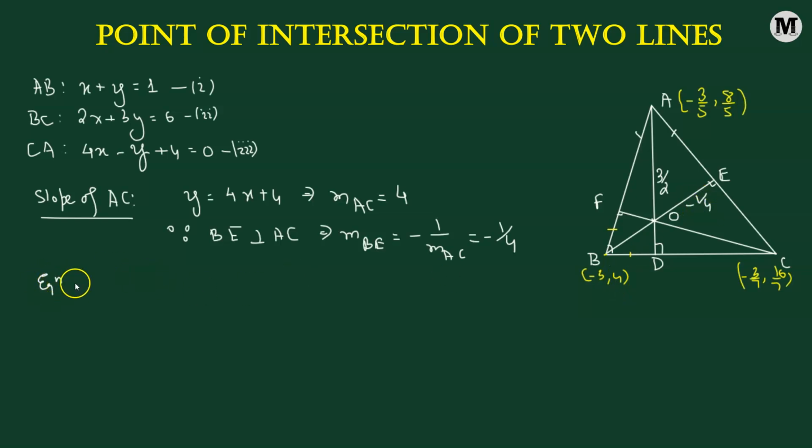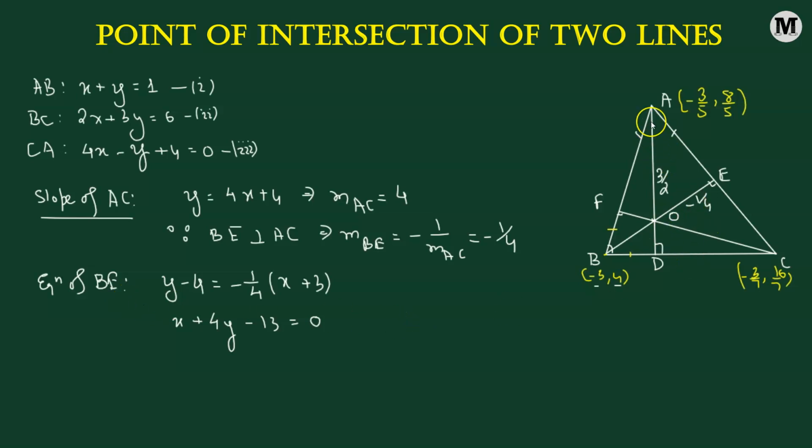So the equation of BE is going to be, we need y minus y1. y1 is going to be the y coordinate of point B, that's 4, equals the slope -1 over 4 multiplied by x minus x1. x1 is going to be the x coordinate of point B. Since it is -3, we're going to get x plus 3. So let's simplify this, and we get x plus 4y minus 13 equals 0. So this is going to be the equation of BE.